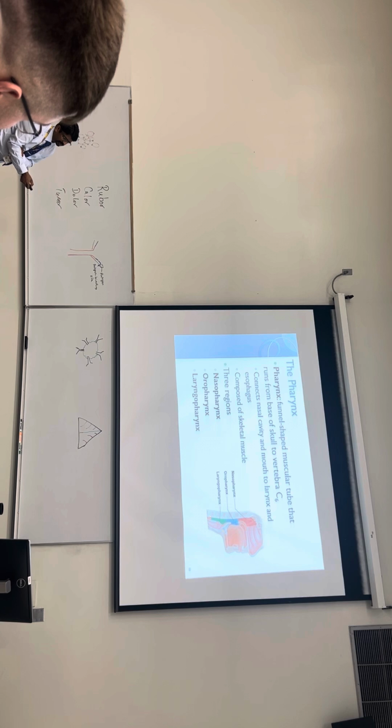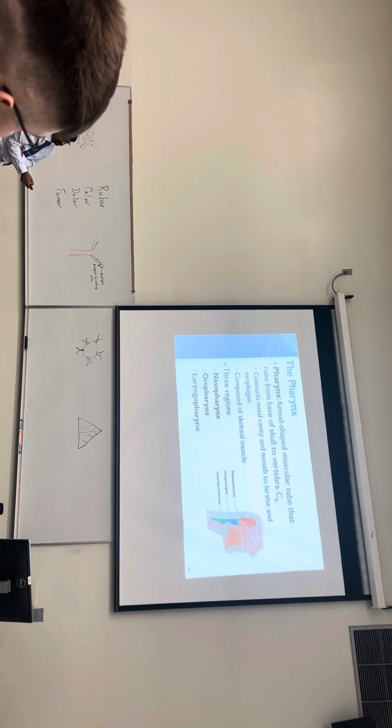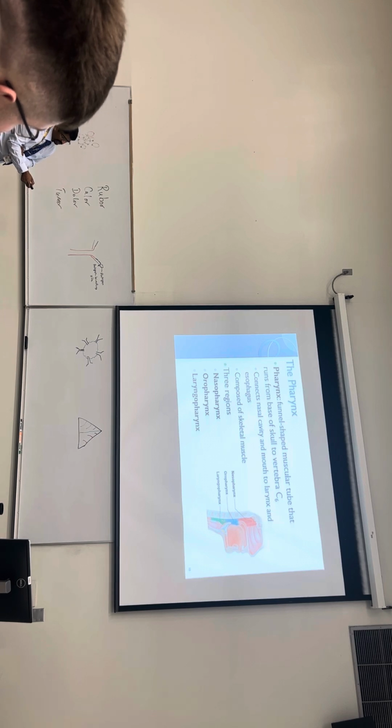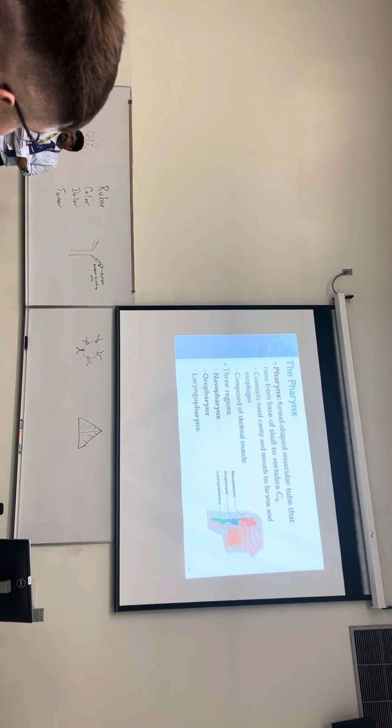And what would be the continuation here? It's actually the esophagus. Air will move anterior into the larynx and then go down, whereas posterior it's our esophagus. So it's the laryngopharynx that decides which way air goes and which way food goes.